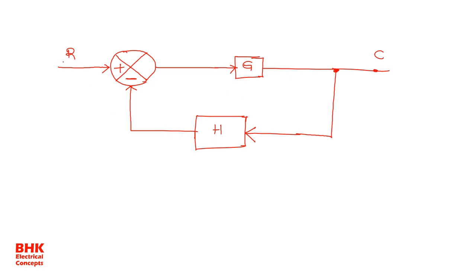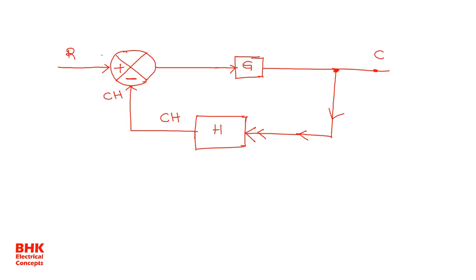This is the actual negative feedback block diagram. We apply the input R, and C is the output. With the help of this negative feedback system, C is multiplied by H, so the output of the feedback block gives CH. CH is the input for the summing point.